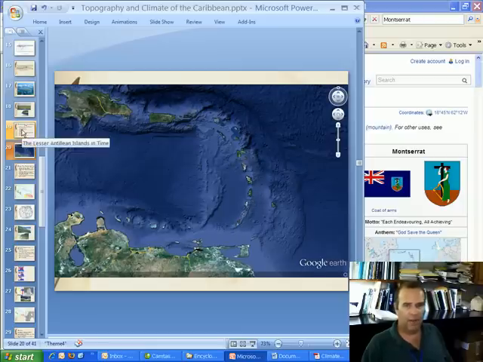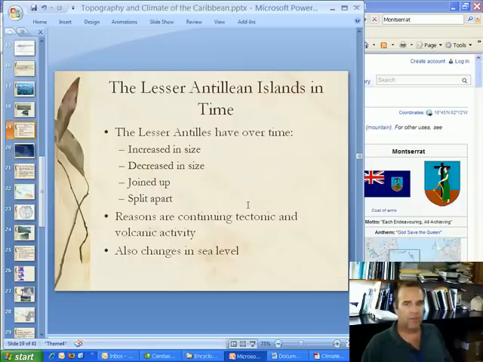Now, why do we care about all of these different types of changes in size and joining together and splitting apart? It's because they have very important implications for the biogeography of the Lesser Antilles.